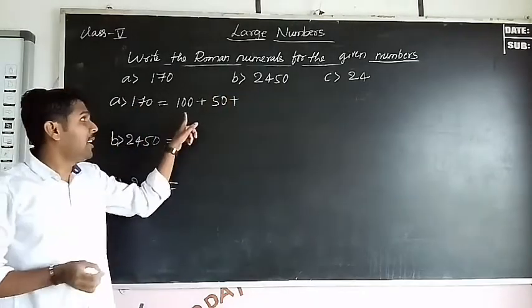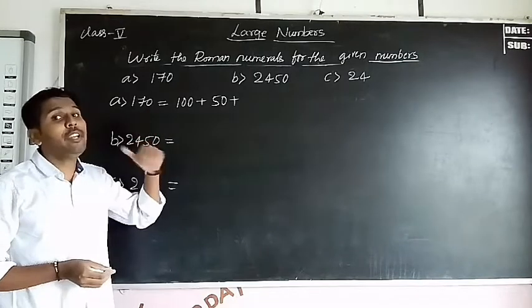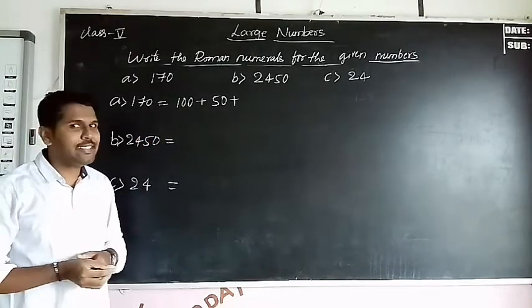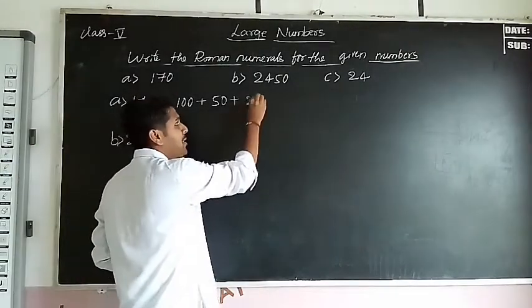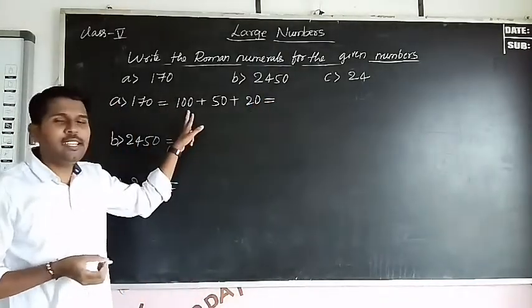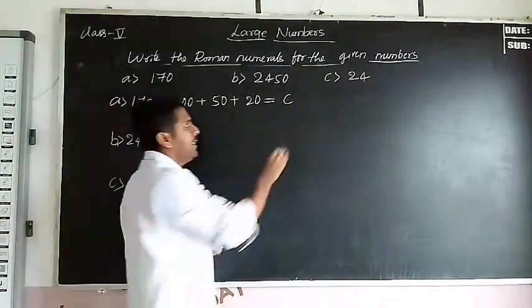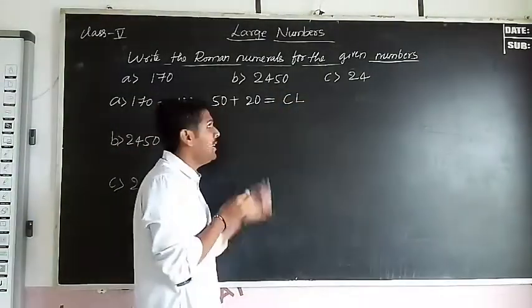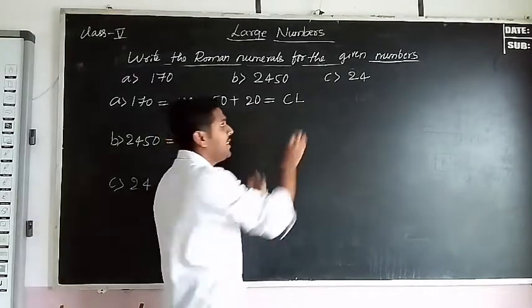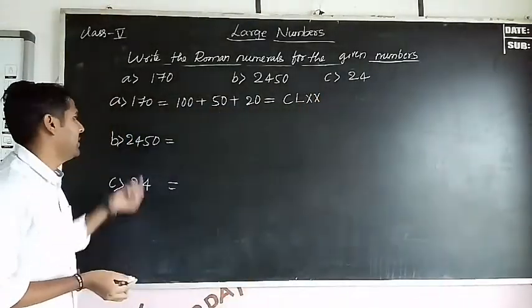Next, 100, 150. The remaining is 20, no? How can you write 20? You can write it as X X. That equals 20. So C means 100, L means 50, and 20 means X X.